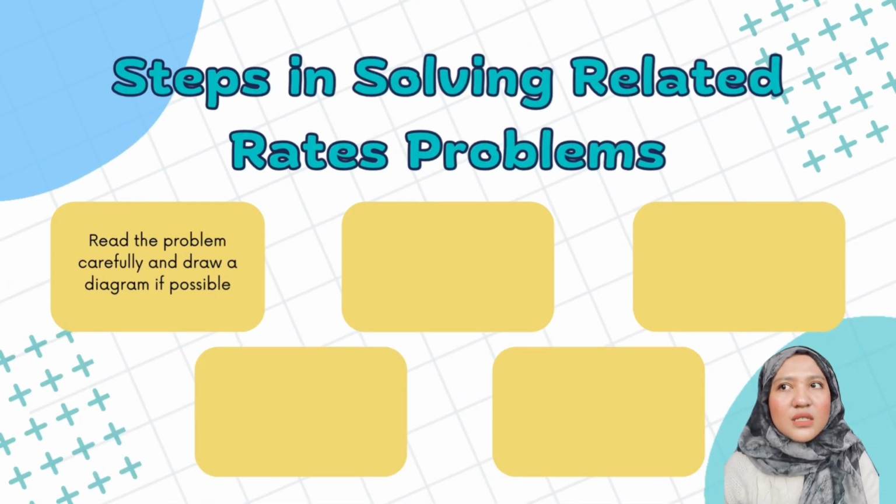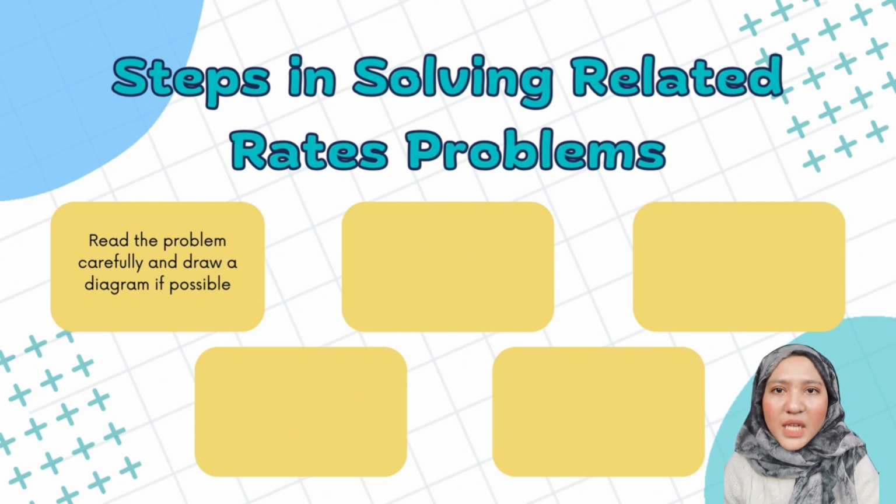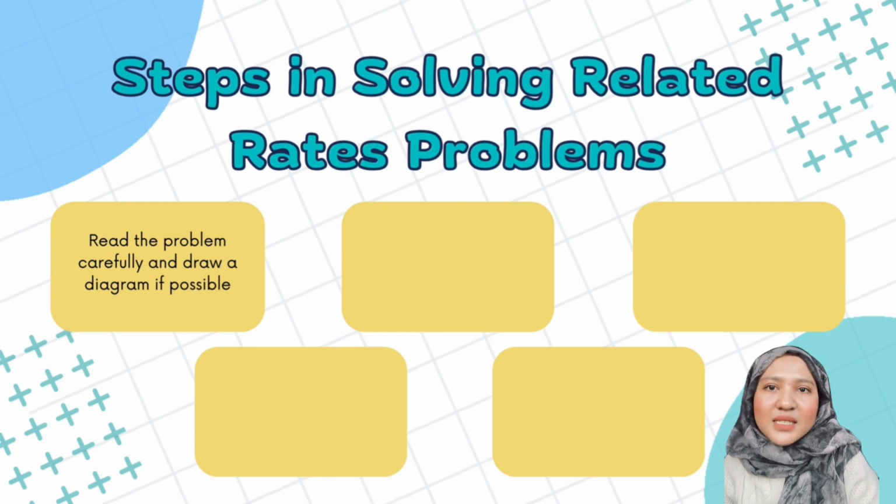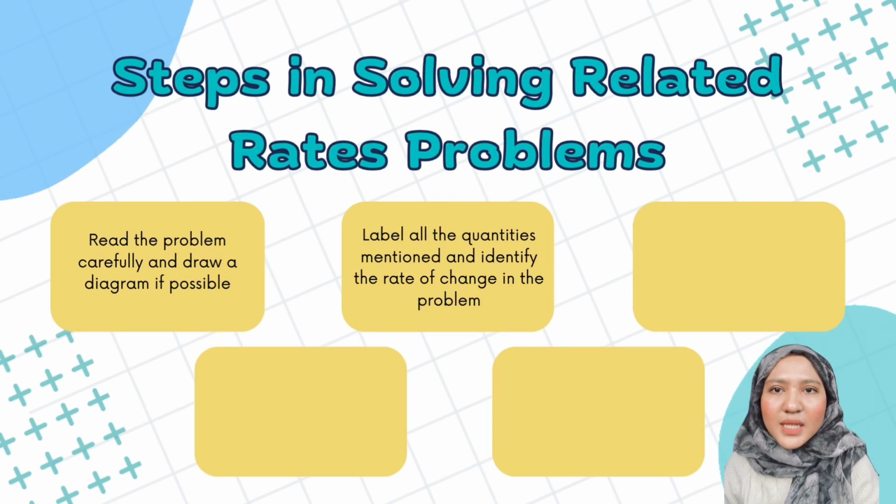These are the solving steps in related rates. Firstly, read the problem carefully and draw a diagram if possible. Second, label all the quantities mentioned and identify the rate of change in the problem.